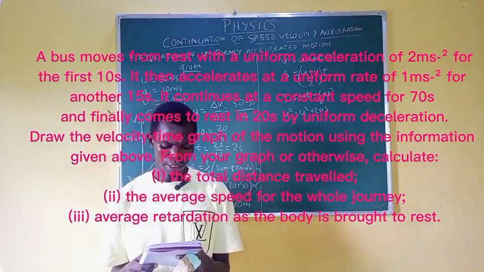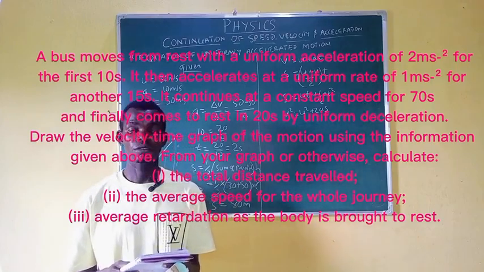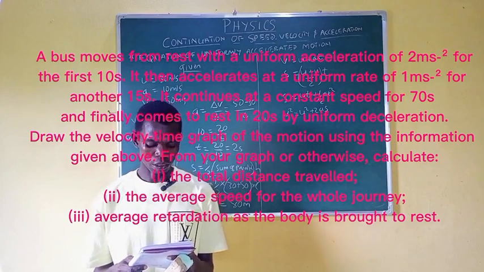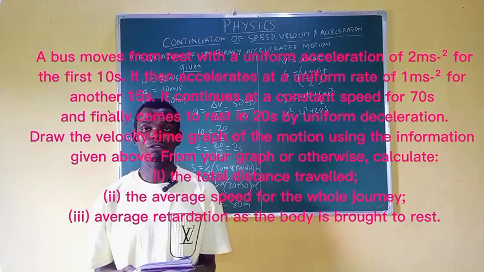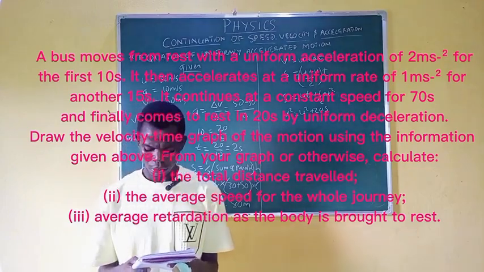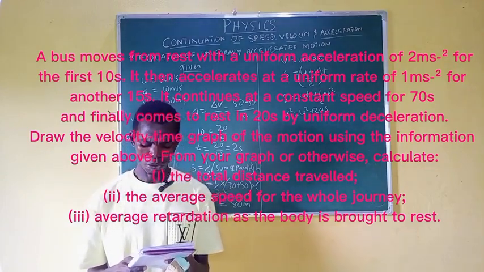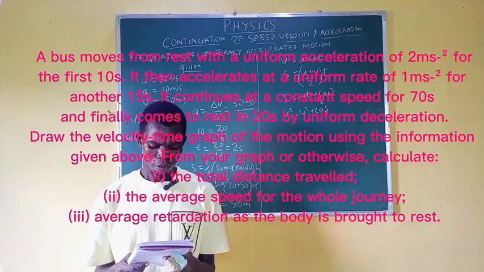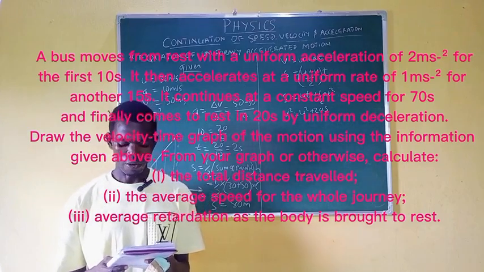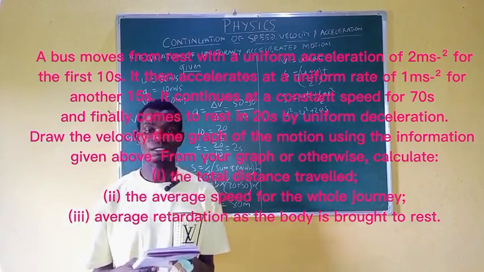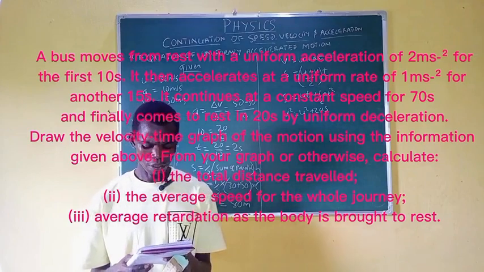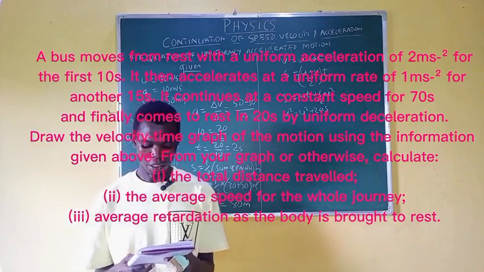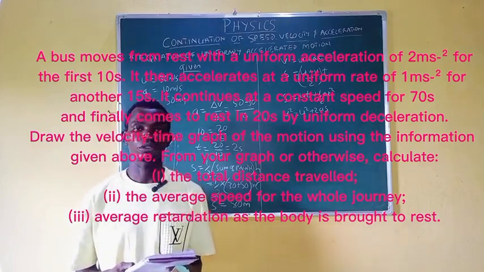It continues at a constant speed for 70 seconds and finally comes to rest in 20 seconds by uniform deceleration. Draw the velocity time graph of the motion using the information given above. From your graph, or otherwise, calculate the total distance covered, the average speed for the whole journey, and the average retardation of the body if brought to rest.